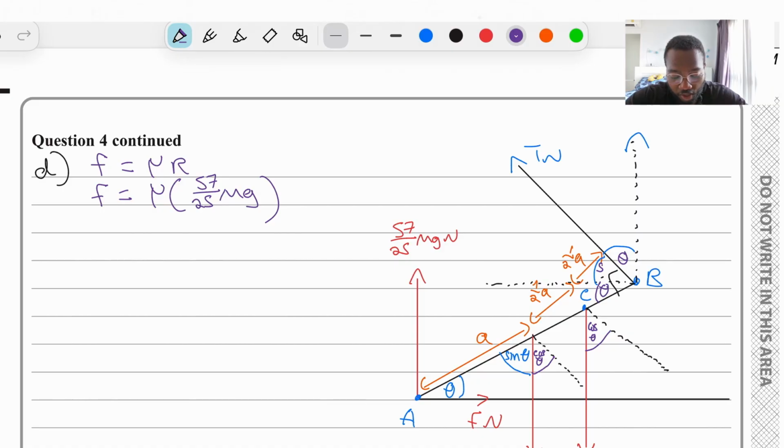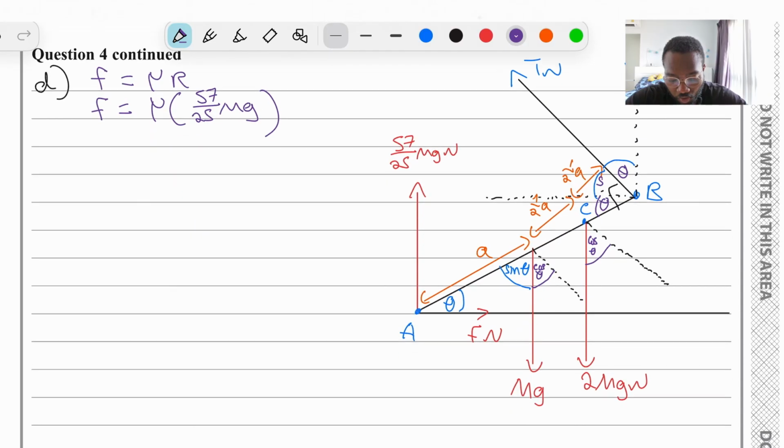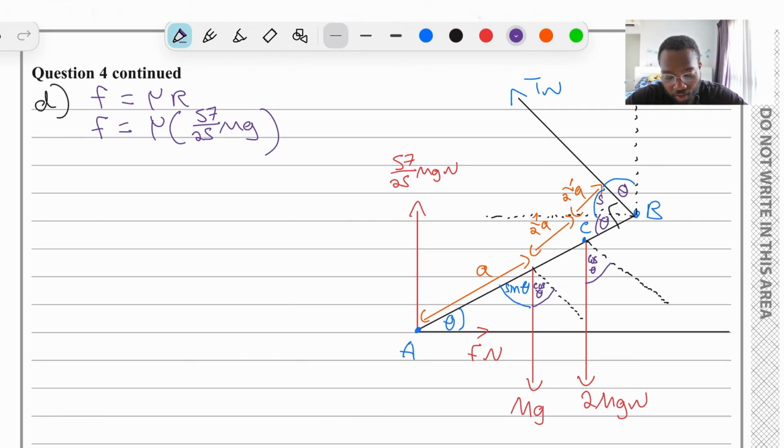So how do we work out our frictional force? Well, as I stated in part A, because we're in equilibrium, the frictional force has to be going to the right to balance out the tension. So we can just resolve horizontally.